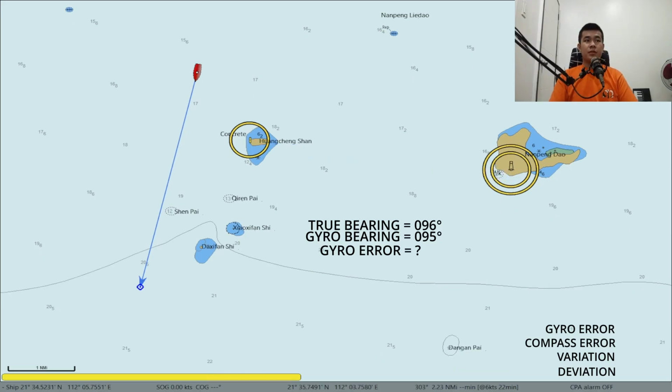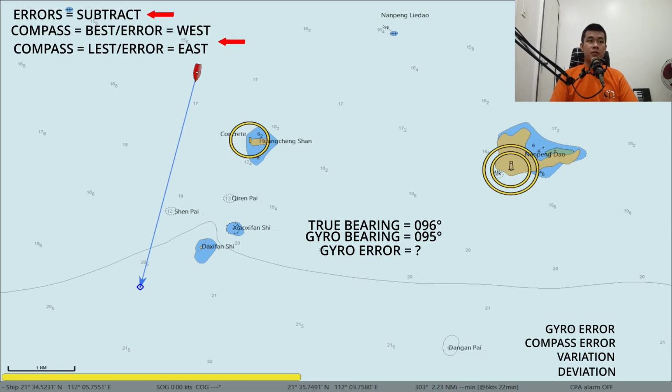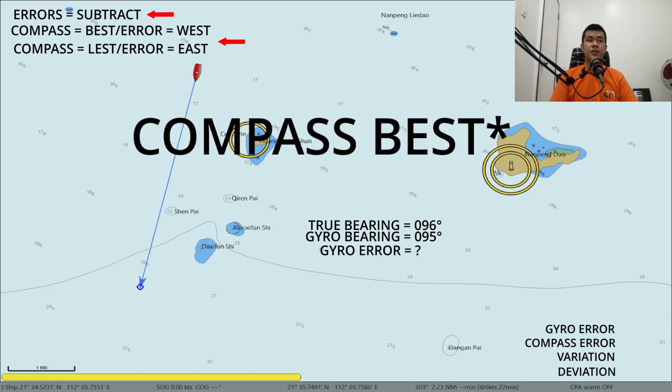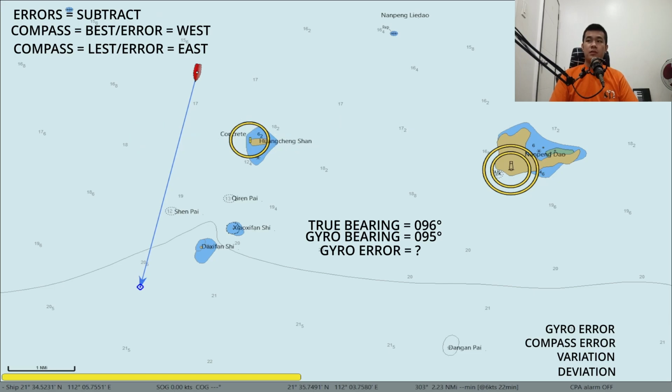Now, we have to take note that in calculating errors, we should always subtract, and also take note of compass west, error west. So with that, we need to subtract the gyro bearing from the true bearing to get the gyro error. So 0.96 degrees minus 0.95 degrees is 1 degree east. Since it's compass west, error west, gyro error should be east.